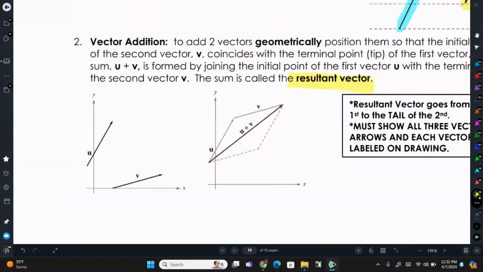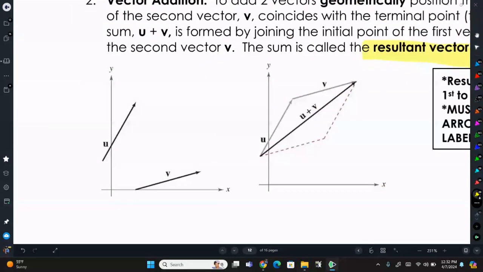So for example, you see here we have two vectors, u plus v, and the order matters now that we're adding vectors. U plus v means I'm going to start with u, right here, and then I'm taking my vector v, this one here, and moving it so it starts there but it goes in the same direction.